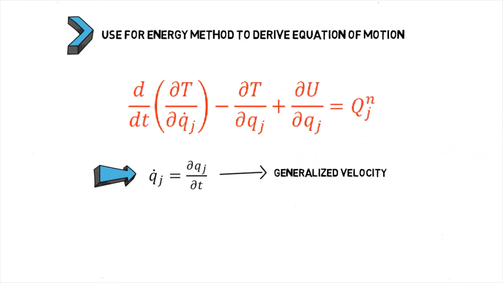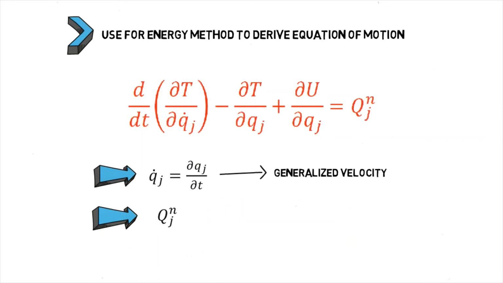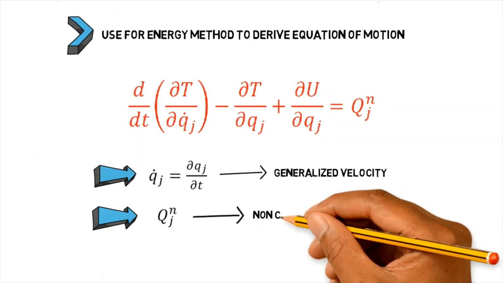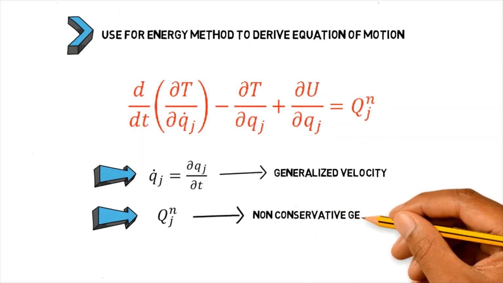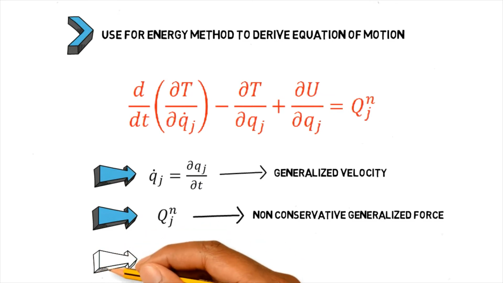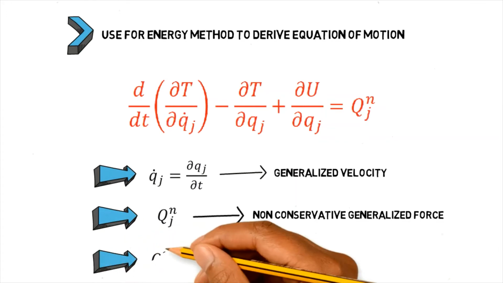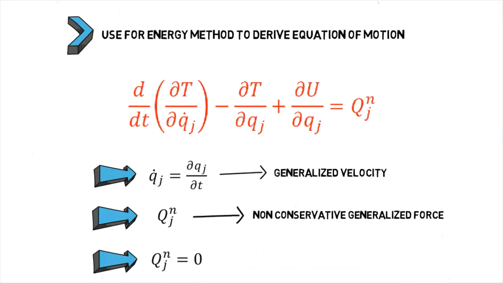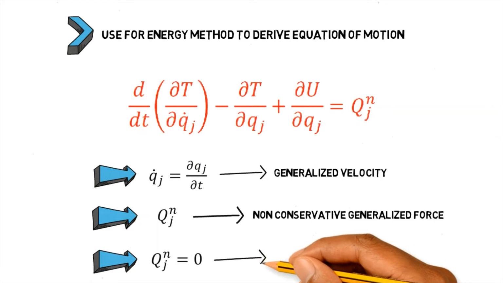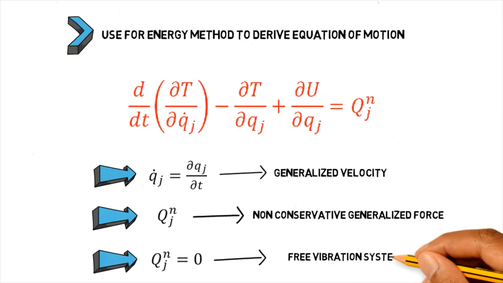It is also known as generalized velocity. While capital Qj to the power of n is the non-conservative generalized force corresponding to the generalized coordinate Qj. When capital Qj to the power of n is equal to 0, it is known as free vibration system.